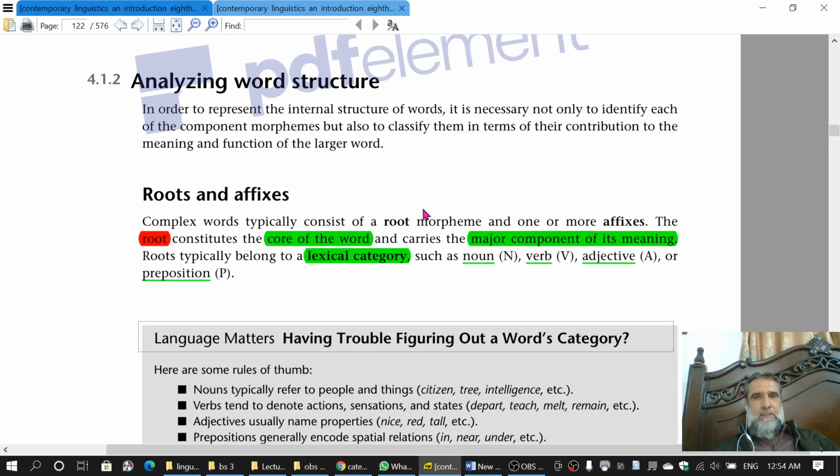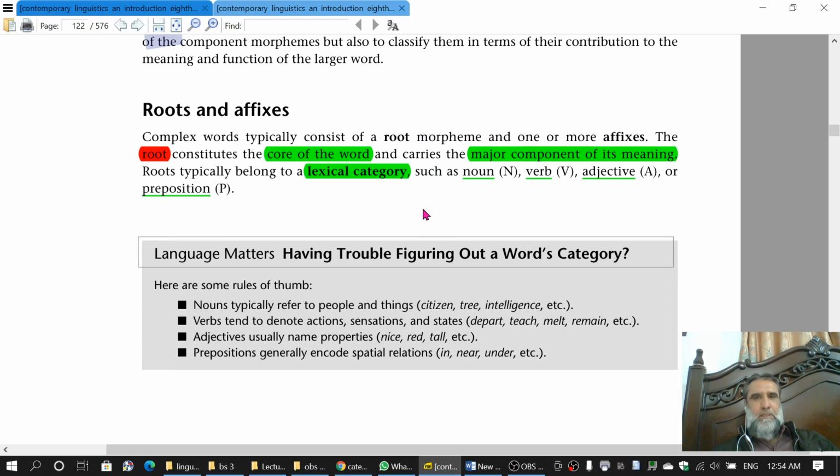In the case of a complex word, if it has more than one morpheme, then one of them is referred to as the root. This is often the construction of such a complex word, that it has one root and one or more affixes. But what is a root?